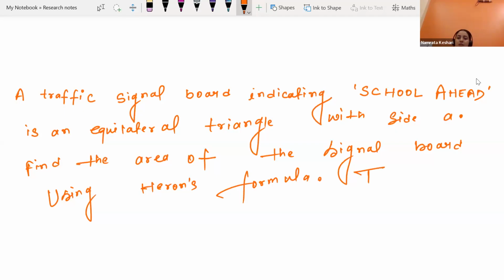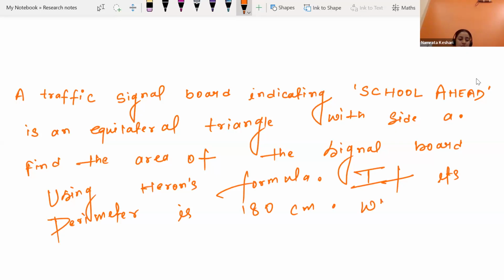If its perimeter is 180 centimeter, what will be the area?